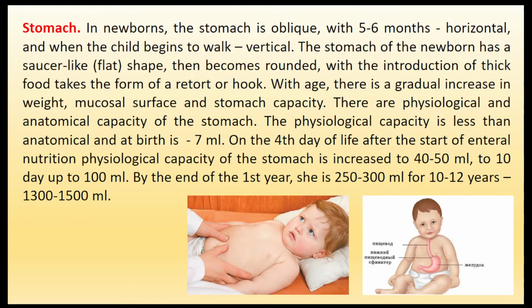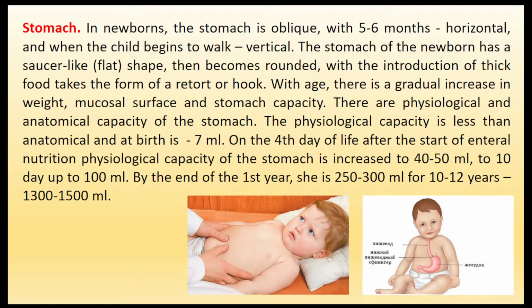Where is the physiological anatomical capacity of stomach? There is a physiological and anatomic capacity of stomach. It's two very different parameters. Physiological capacity and anatomic capacity differ. The physiological capacity is less than anatomical, and at birth is only 7 milliliters.